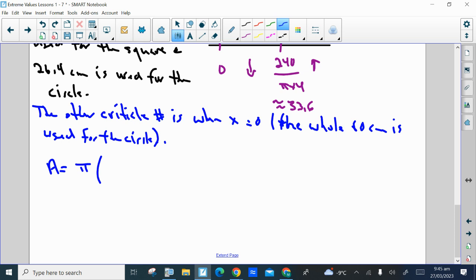When x is 0, right? So if you use the formula for the circle, x is 0. Sorry, I'm just looking at this.